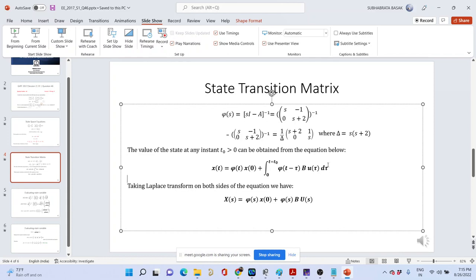There is no difficulty in it. Any standard textbook you can consult. This is the first thing that they would show in a state space chapter. You cannot just memorize L inverse of (sI minus A) inverse B into U(s). You need to go through some textbook also. I understand that it is difficult to read a textbook.